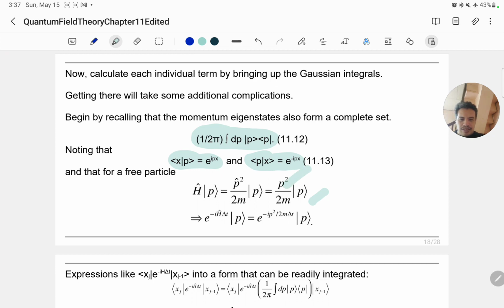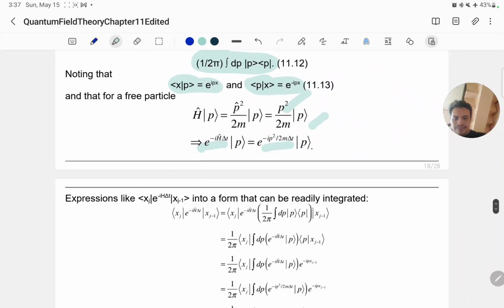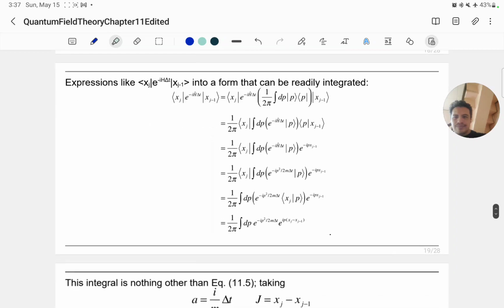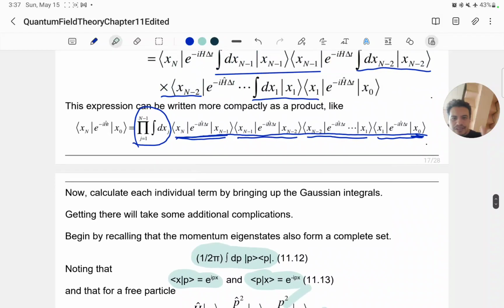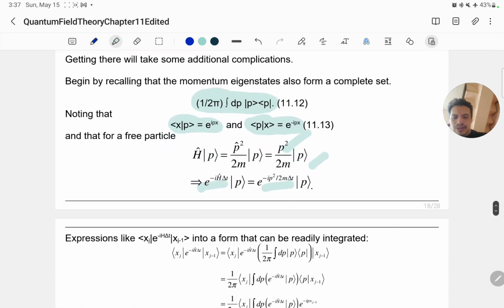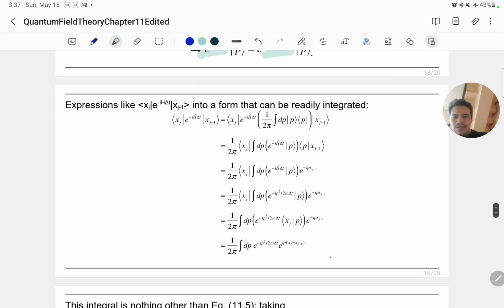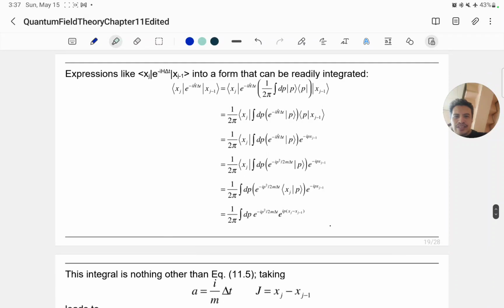And then of course, if you raise it exponentially, you also have this one. So each of the expressions here will have a form that could be easily integrated.